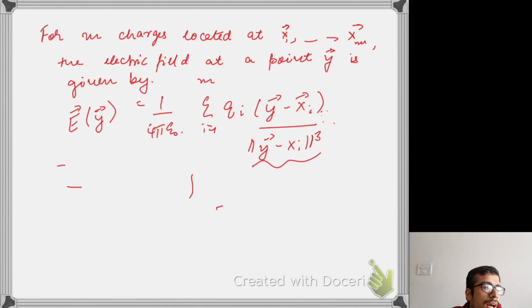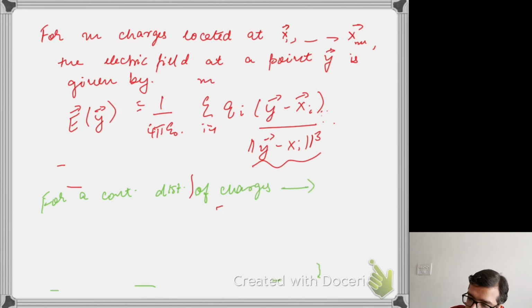And if you have a continuous distribution of charges instead of multiple discrete charges, this changes to an integral.